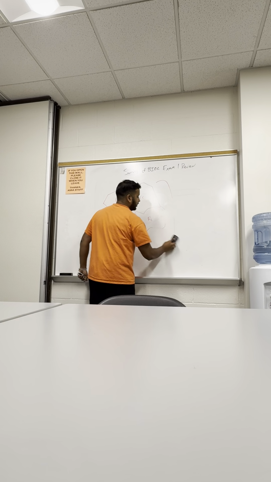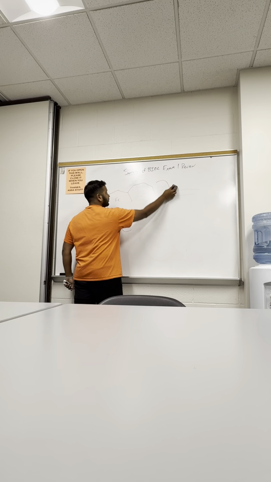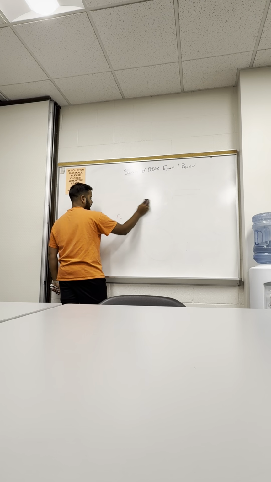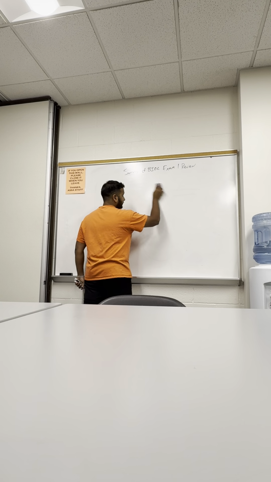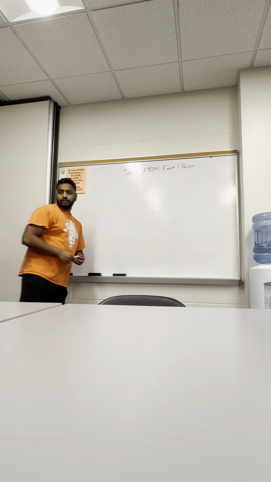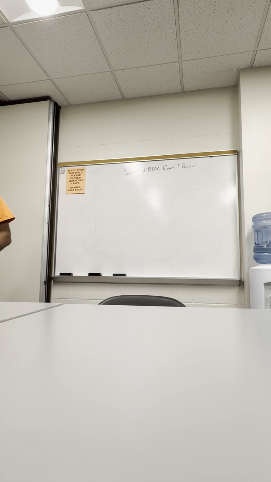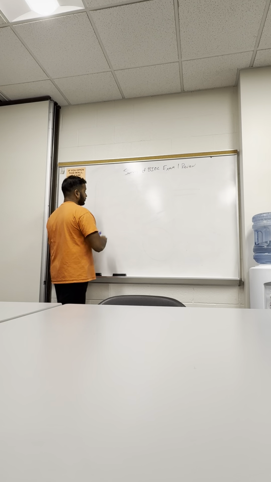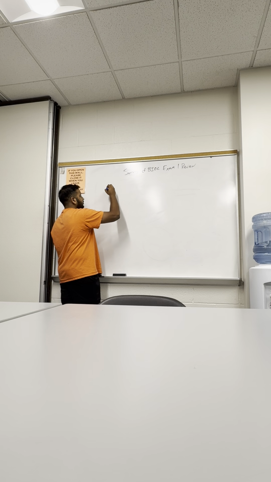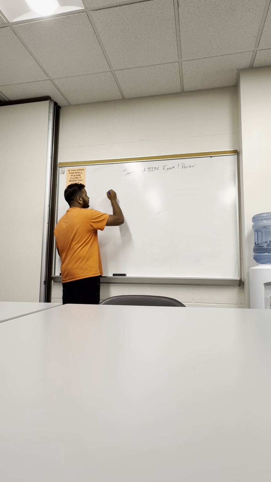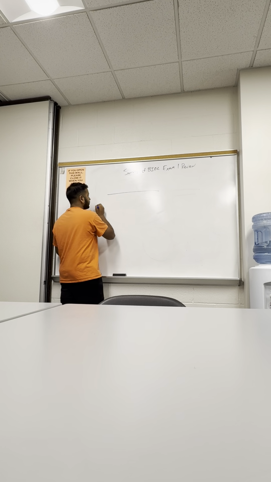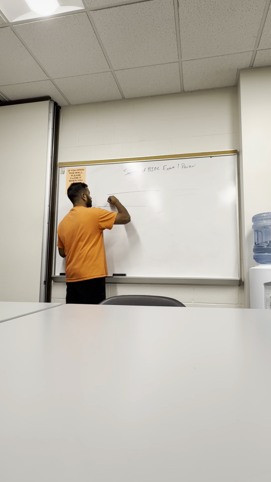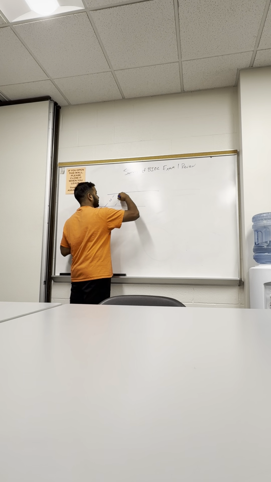I saw that parallel sheets are weaker than anti-parallel, but that's confusing to me. It says the reasoning is that hydrogen bonds between strands are angled in parallel, and in anti-parallel they're straight, which makes it more stable. But when I was looking at the picture, it looked kind of like this.